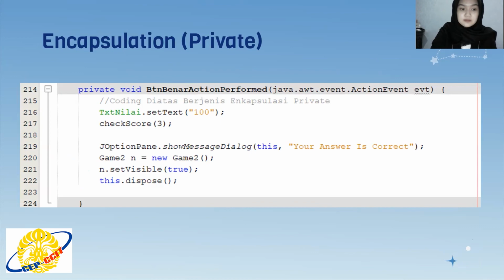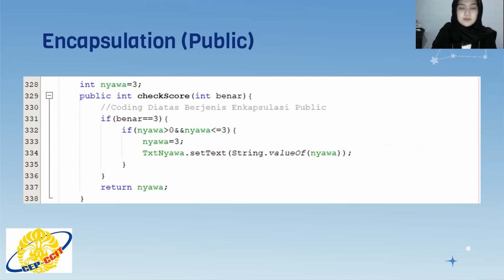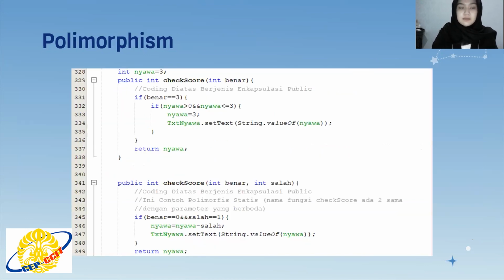So this private access right can only be accessed from within the class itself. And we have encapsulation public. Why is it called encapsulation public? Because the method can be accessed from outside or from within the class, including derived classes.